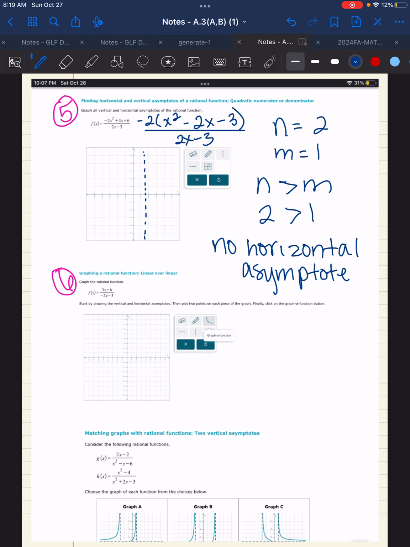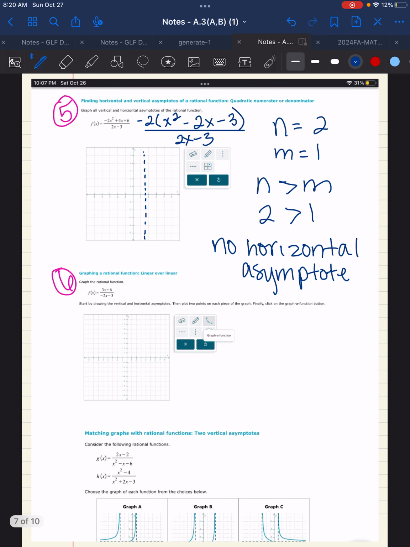Moving on to number 6. Similar to what we just did, but we got a little lucky. We don't have to simplify this because it's already simplified for us. So here we go.